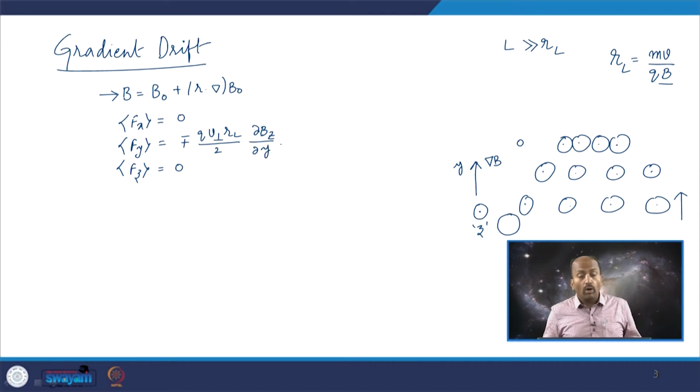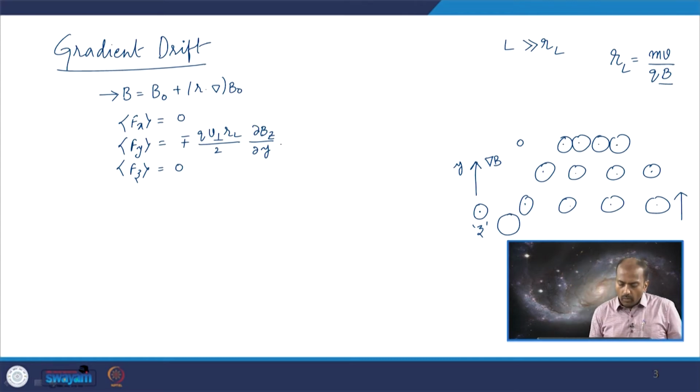I remember having stopped at this point in the last lecture. That means we have derived the average force that a particle experiences as it travels across this gradient, or across this non-uniform magnetic field.